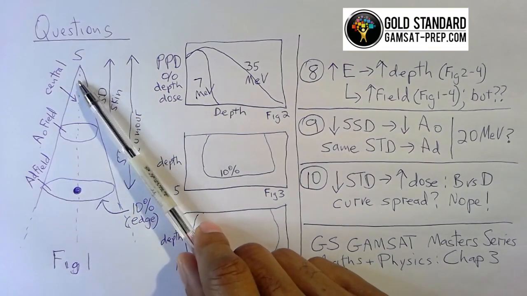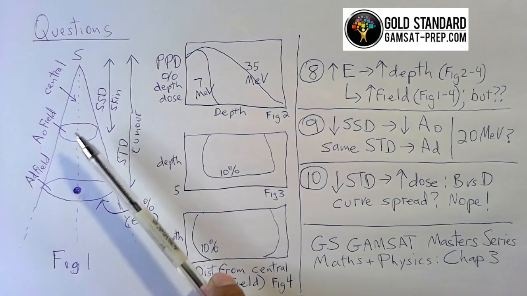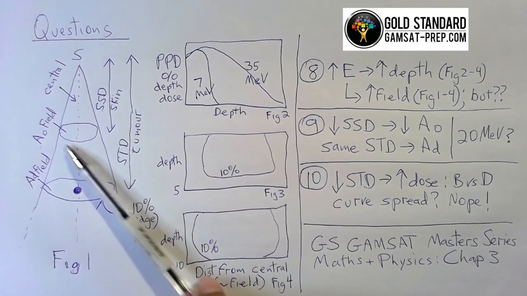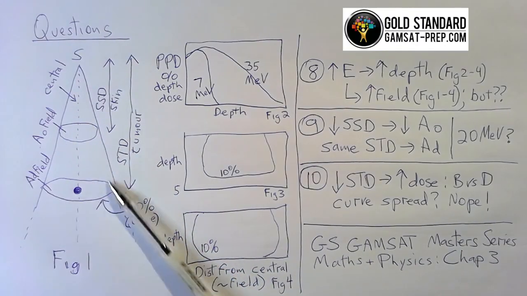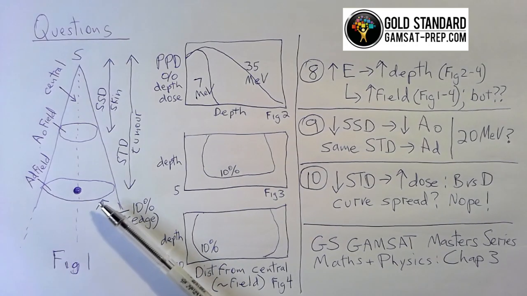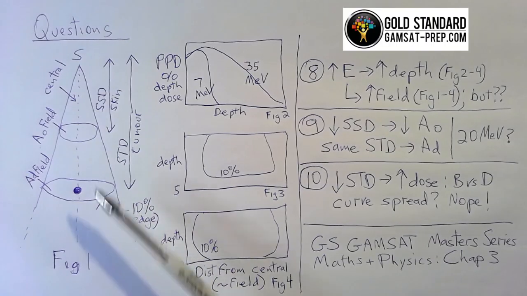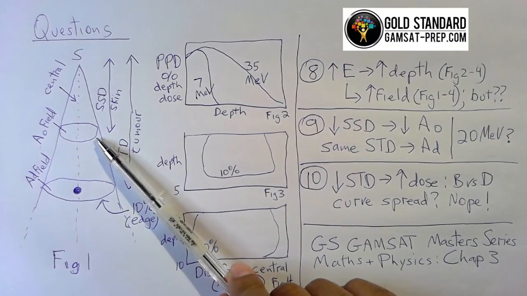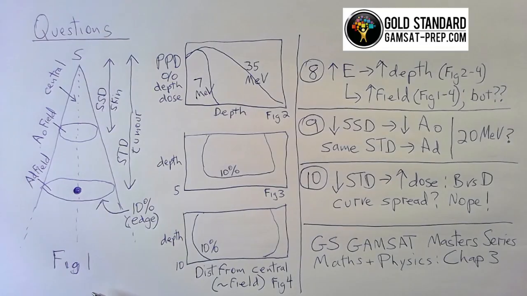But if different energies are being used, then at the same distance, the field size will be the same according to this cone shape. And then ACER says to assume the edge of the field occurs when TDD is 10%. So that's why I put 10% here at the edge of this field. 10% would also be at the edge of this field and any other fields within the cone.